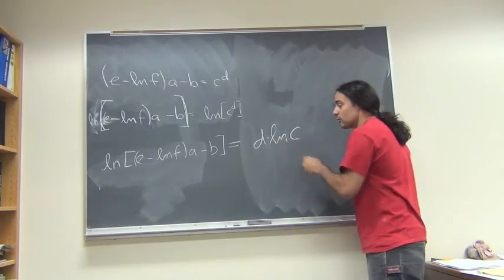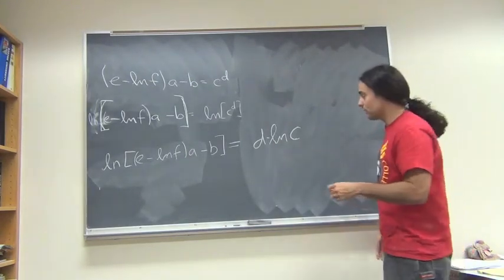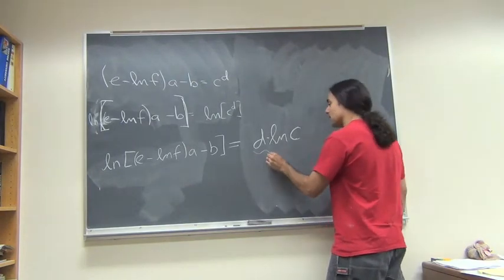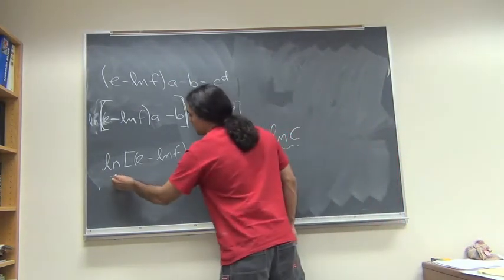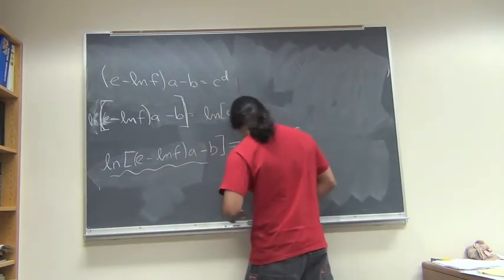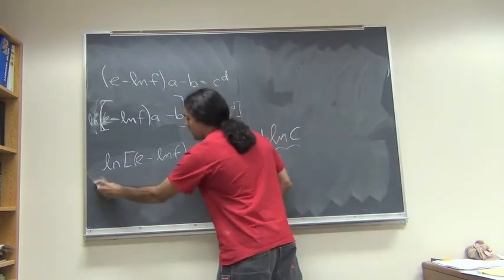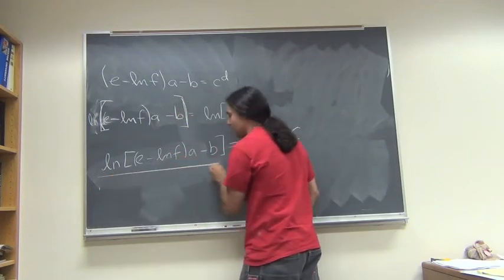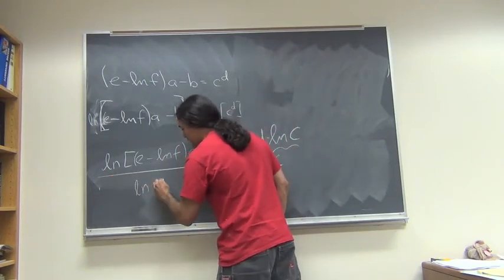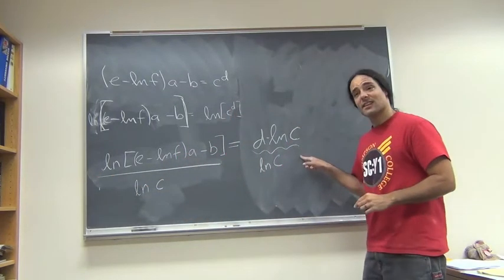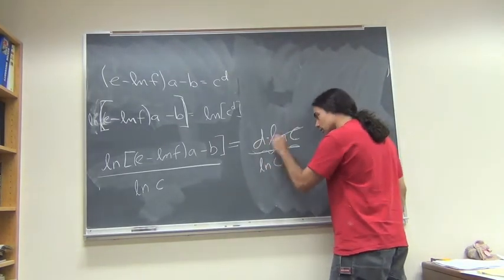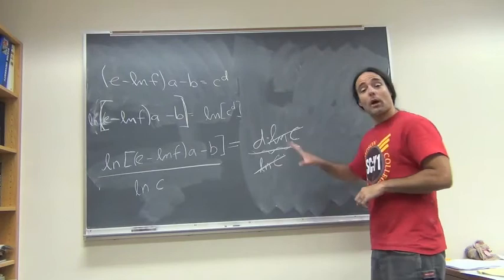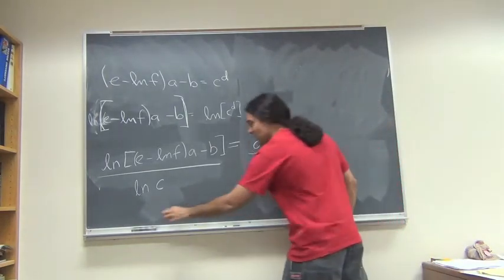Now I have this log c that I can get rid of. All I'm going to do is divide both sides by log c. Actually, let me just do it here. Save myself some writing. I've divided this side by log c. The log c's will cancel. So I'm just left with d on this side.